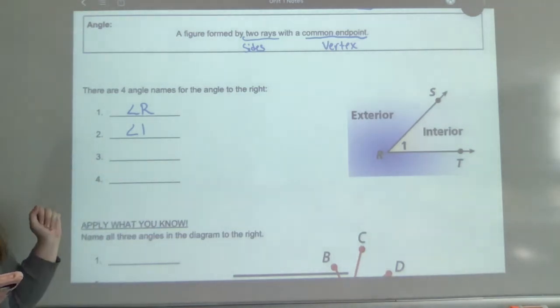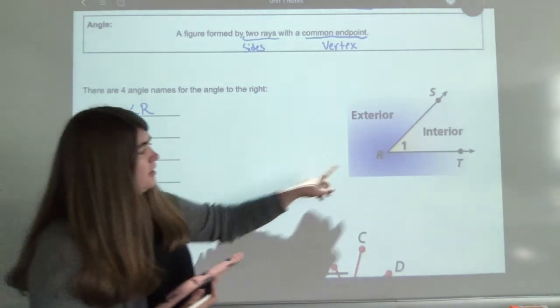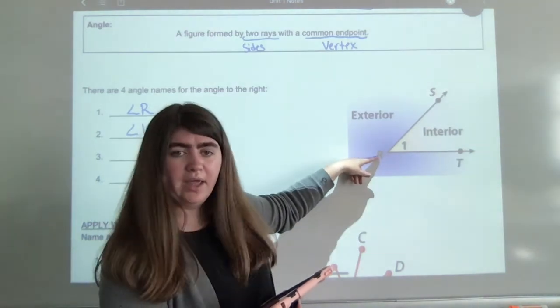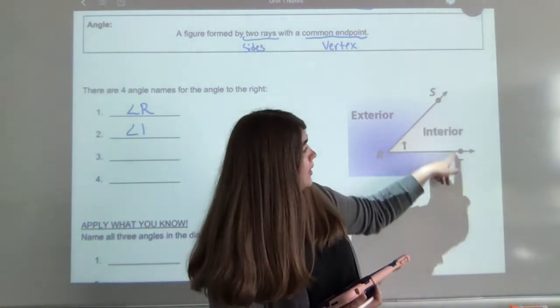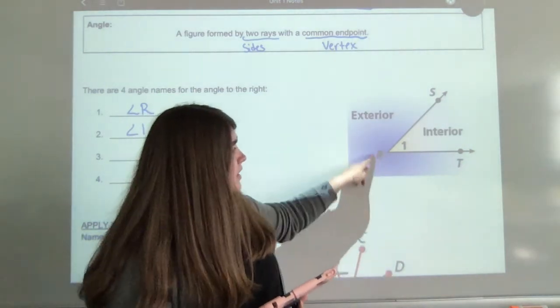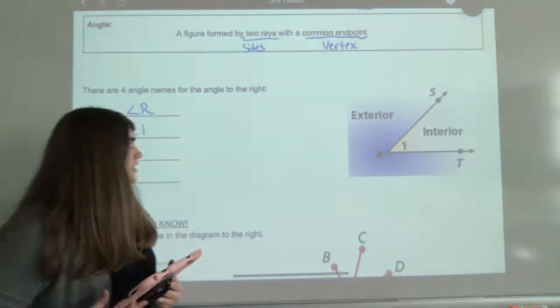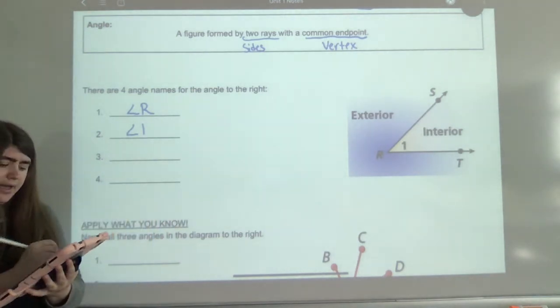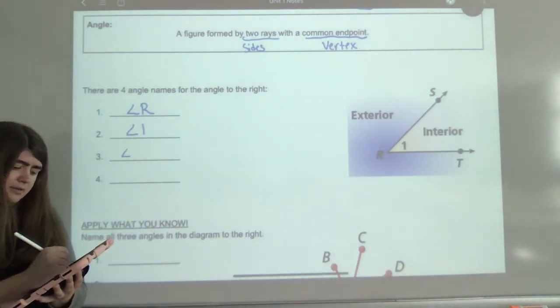For option number 3, you take the endpoint and any other point from each ray and you put them together with the common endpoint in the middle. So I can say that for option number 3, I have angle SRT.